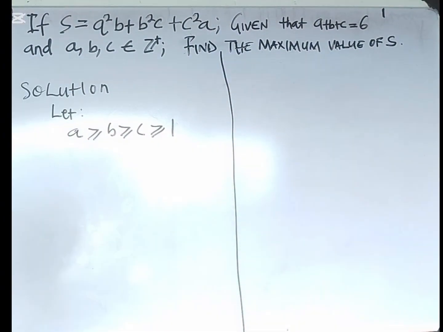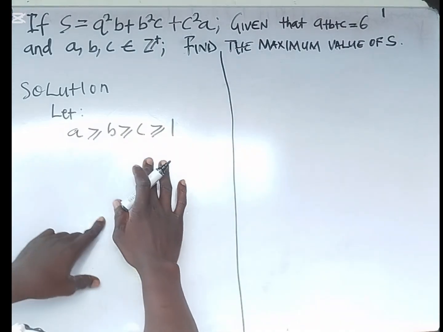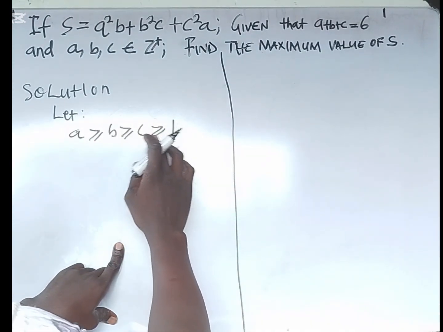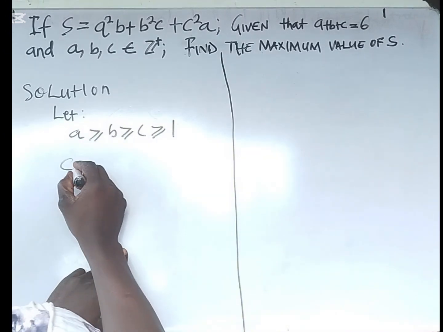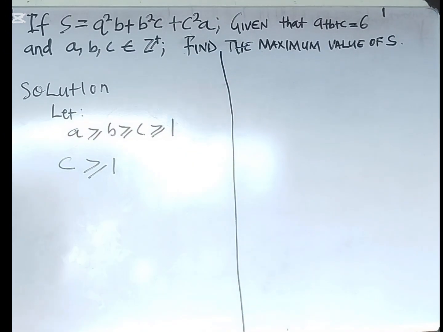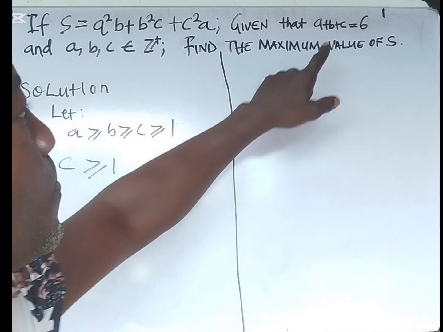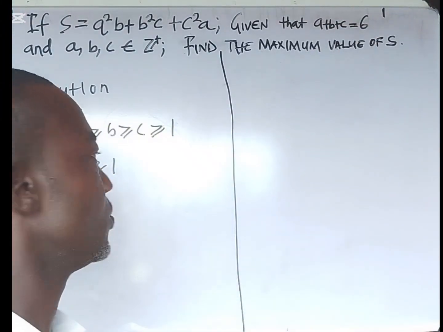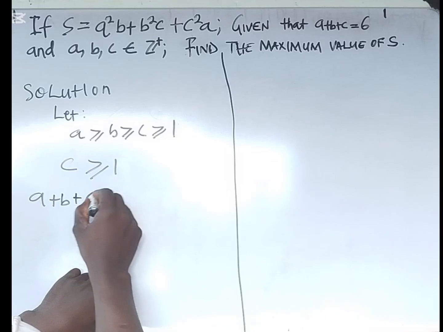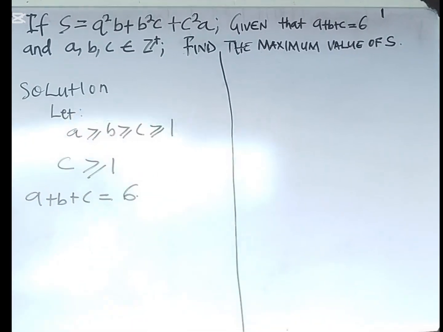With that at the back of our mind, let's try to be creative. I can isolate this part of my assumption, c is greater than or equal to 1. It's permitted that I isolate it. Now I want to go back to the given, which is a plus b plus c is equal to 6.